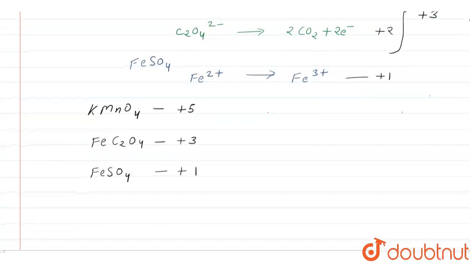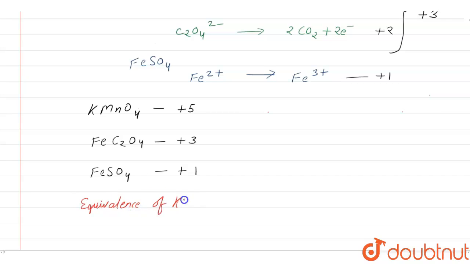Now, if we want to calculate the number of moles of KMnO4 used for reacting with the ferrous oxalate and ferrous sulfate, how we can calculate it? Like this. Equivalence of KMnO4 would be equal to equivalence of ferrous oxalate, that is FeC2O4, and equivalence of ferrous sulfate.